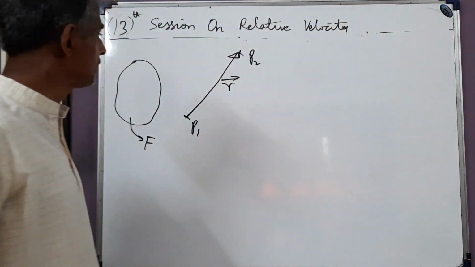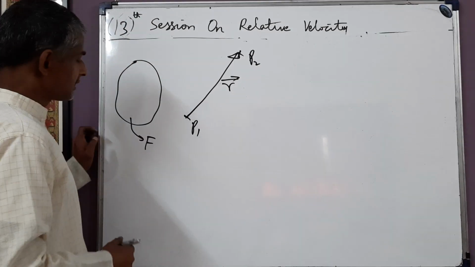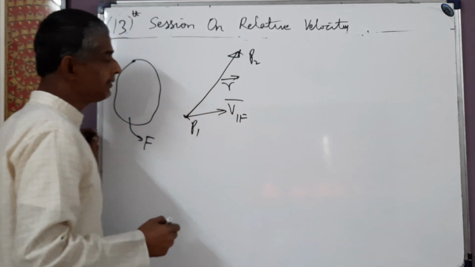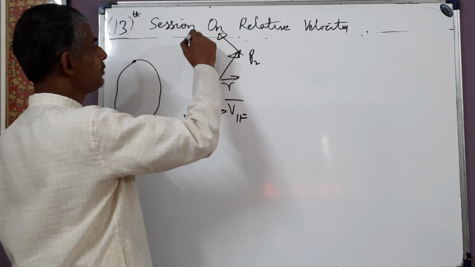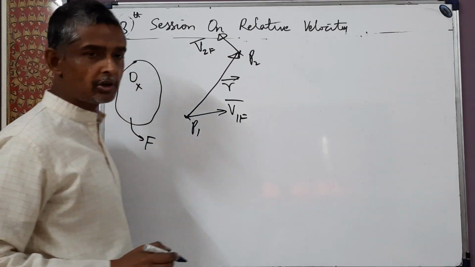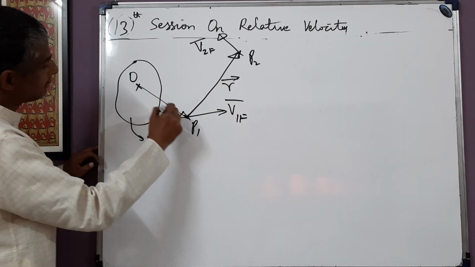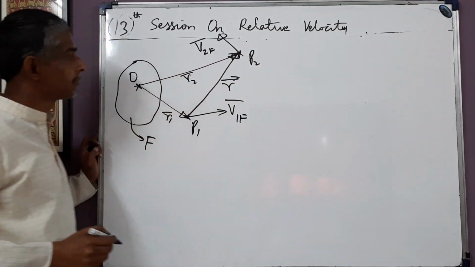Suppose the velocity of P1 with respect to frame F is V1F at time t, and the velocity of P2 with respect to frame F is V2F at time t. Assume that O is some base location of frame F. O to P1 is vector R1 and O to P2 is vector R2.